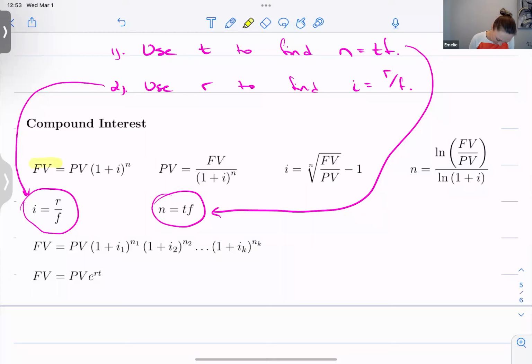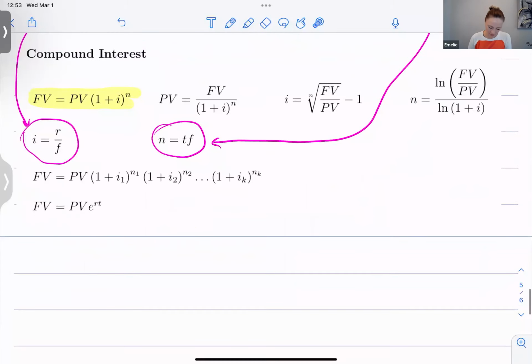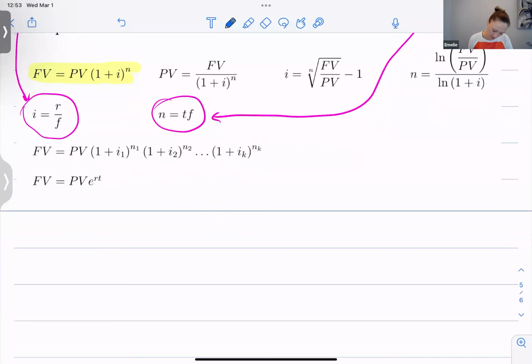Now, the one that I'm going to focus on a lot today is this one. Just as a heads up, we're going to be able to have changing interest rates for compound interest problems as well, and that's what this one is doing. And this one is for continuously compounding. I'll just make a note of that. It's way later, but just so you have a handle on this entire section of the formula sheet.